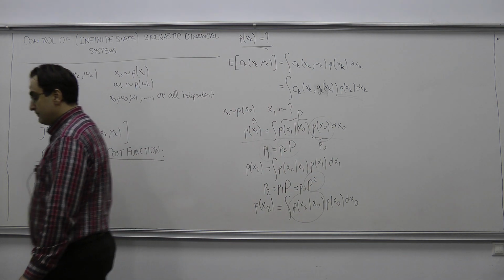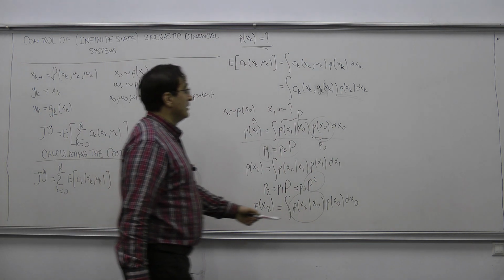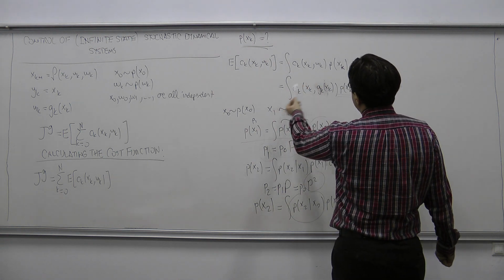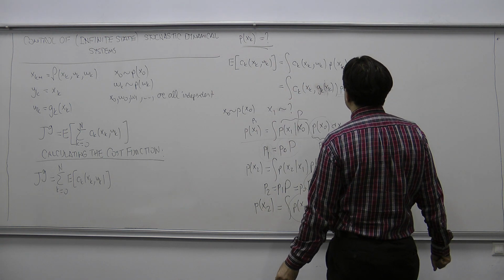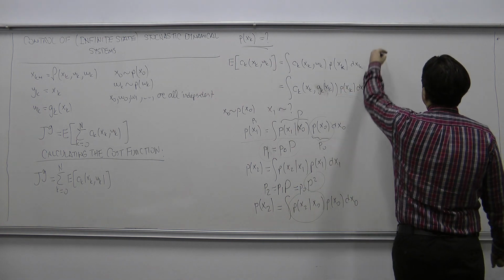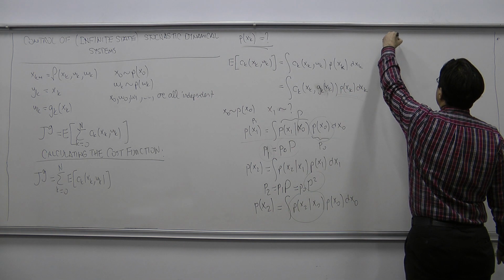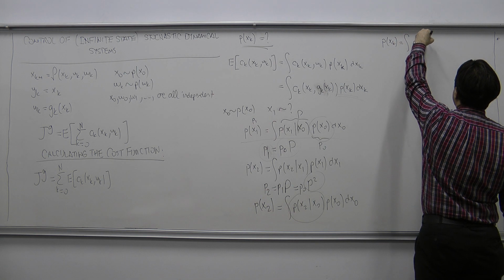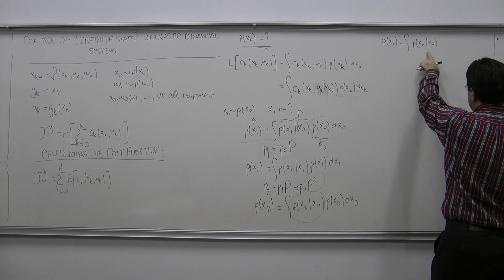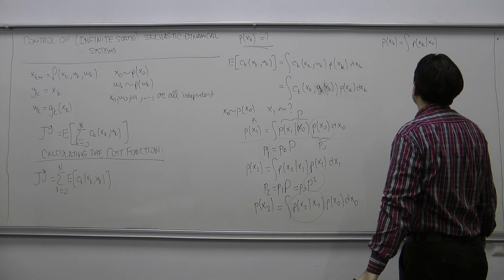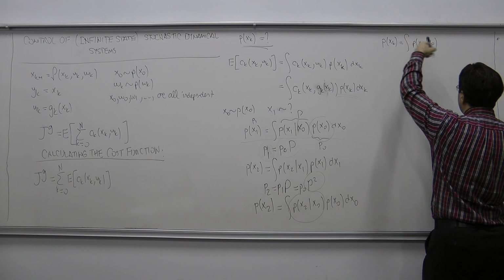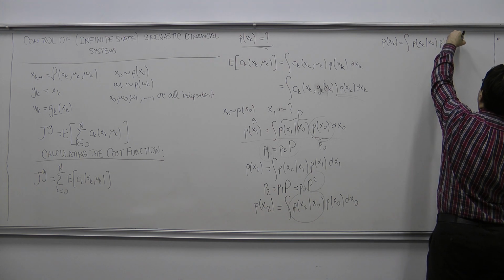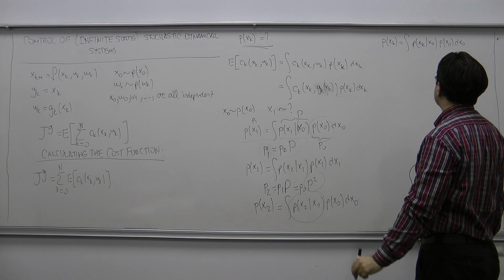Okay? So as a result, the first way of calculating this cost is to write this P of xk. P of xk is the integral of P of xk given x0. This is the k-step transition distribution. And I would have P of x0 dx0. Okay?